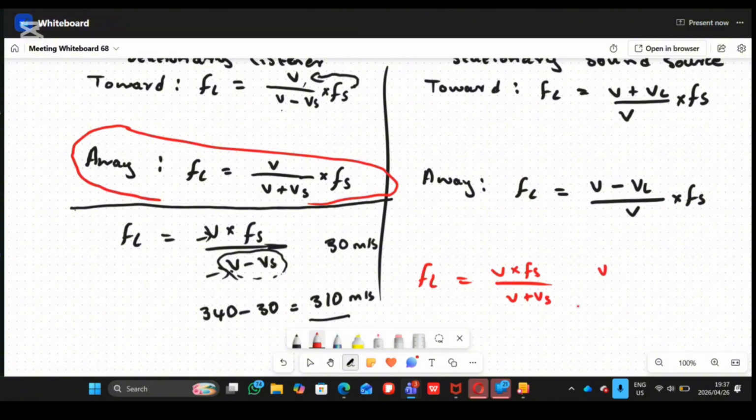So we focus on the denominator. We're still using the same velocity, but in this case, it is moving away. So we say V plus Vs. We're going to have 340 plus 30, which is equal to 370. That is our denominator. So if our denominator increases, that means our overall value decreases.